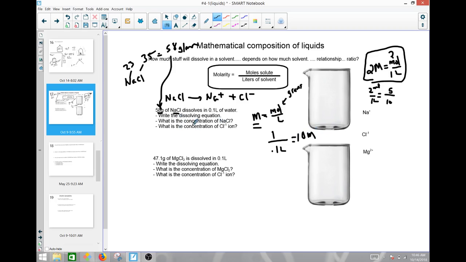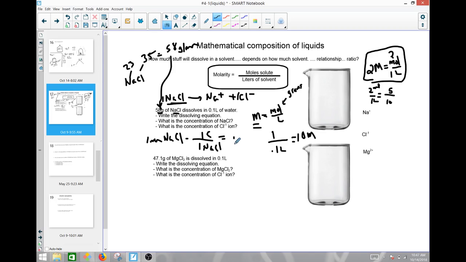What's the concentration of the chloride ion? This is something that's important to see: for every one of these, I get one of these. So the answer for this one is also 10. You could look at it as you have 1 mole of NaCl, and for every 1 NaCl, you get 1 Cl-.